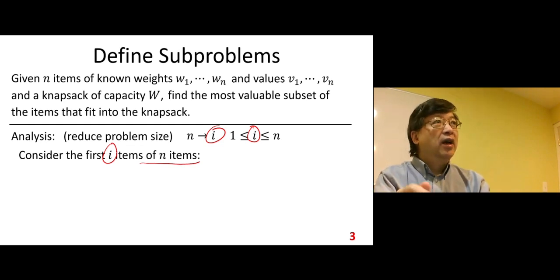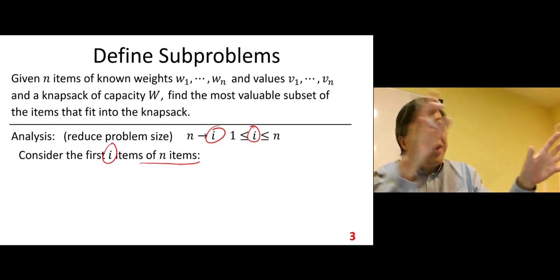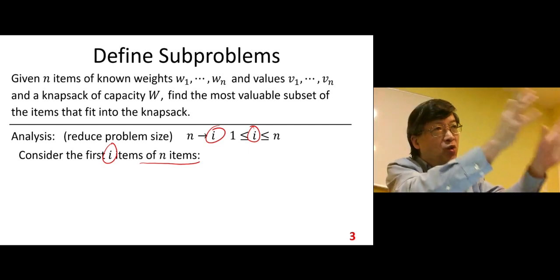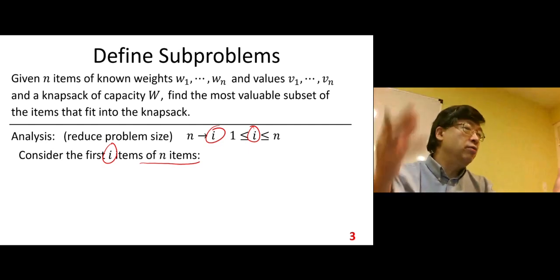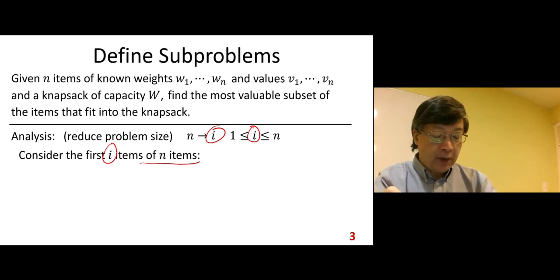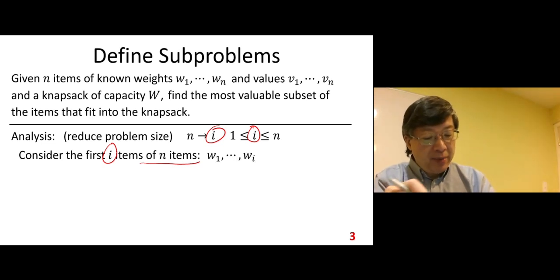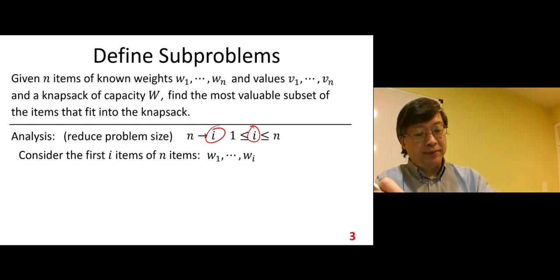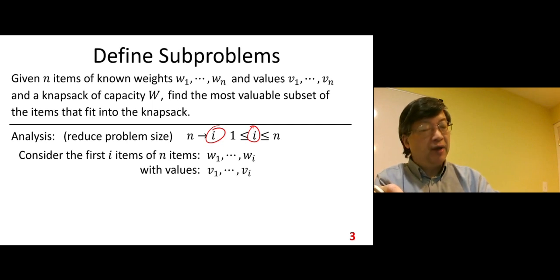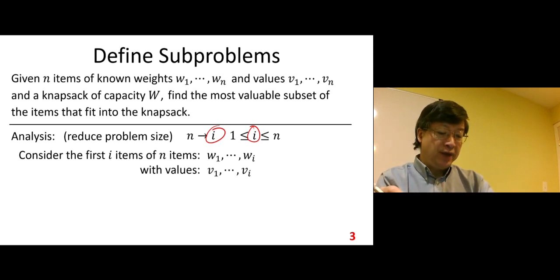Then we gradually increase that I number. At the beginning, I is 1. At the end, I equals n, so we solve the whole problem. The items are W1, W2, through Wi, with values V1 through Vi.